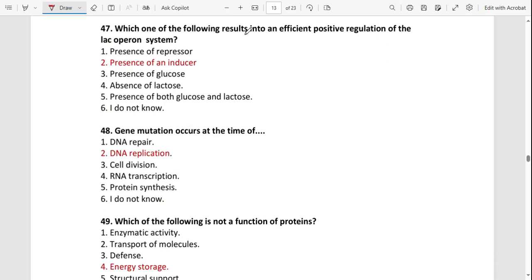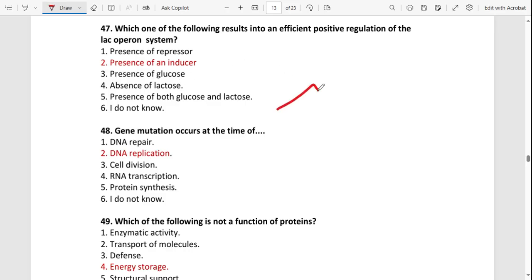Which one of the following results in an efficient positive regulation of the lac operon? Presence of repressor, presence of an inducer, presence of glucose, absence of lactose.